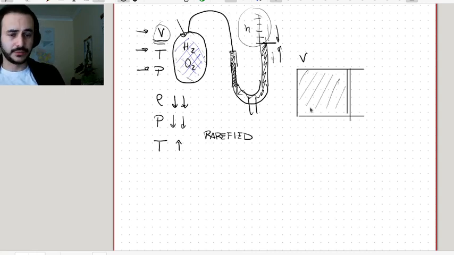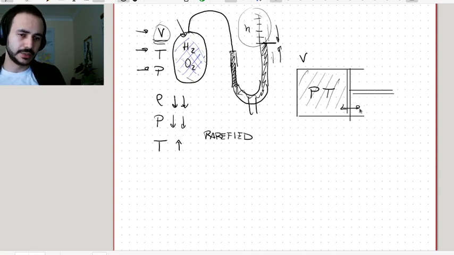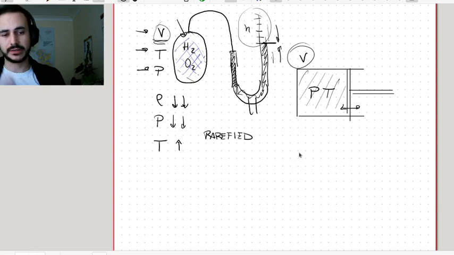Doesn't have to be rarefied, right? So it's just some gas characterized by a pressure and a temperature. And we are going to make one of the walls of this box mobile. So it's like a piston that I can push or pull, and therefore I will change the volume of my system. I will interact externally with it.